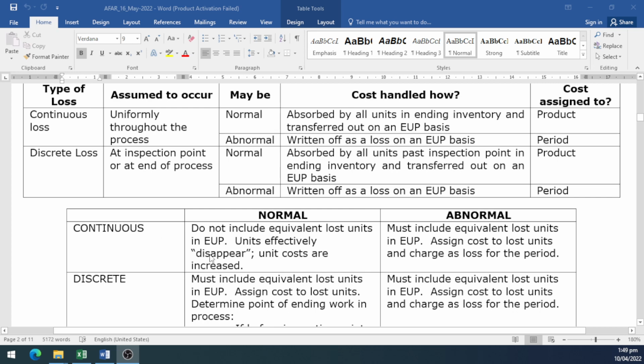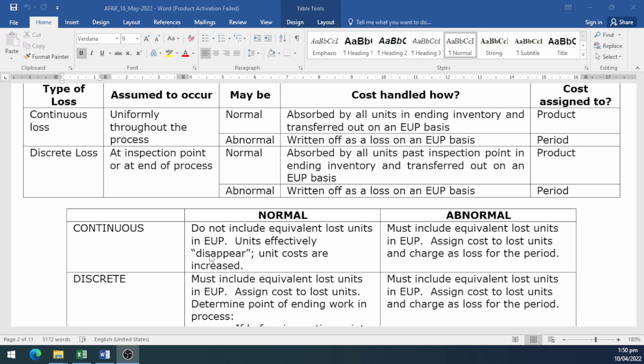So, makikita nyo dyan, ladies and gentlemen, kung paano kukomputan ng EUP. Pag normal, continuous, do not include equivalent loss units in EUP kasi nga, di na natin i-assign yun. Units effectively disappear. Unit costs are increased.